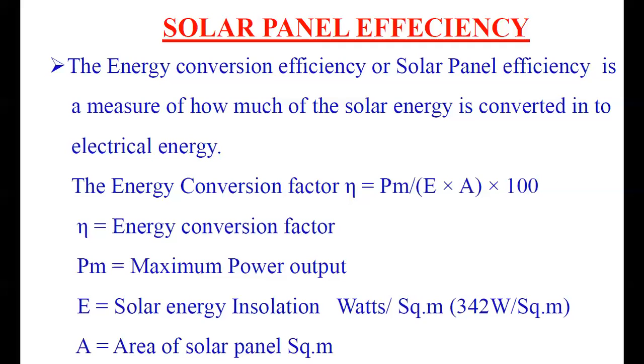It is approximately 1/4 of the solar constant and its value is 342 watts per square meter. It indicates the total amount of solar radiation that strikes a square meter of the horizontal surface of the Earth in a single day. And A is the area of the solar panel in square meters.